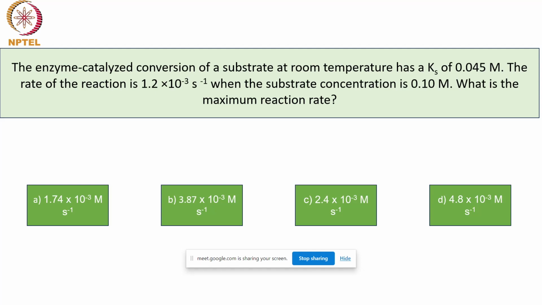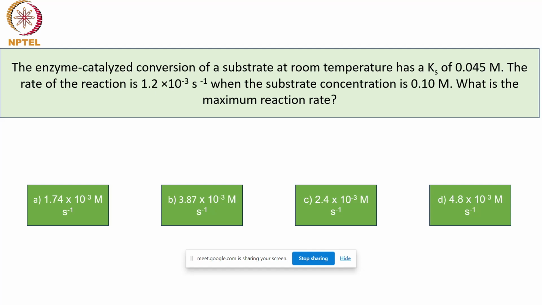What is the maximum reaction rate, that is R max? We have to find. Does anyone know what is the formula that relates all these parameters?